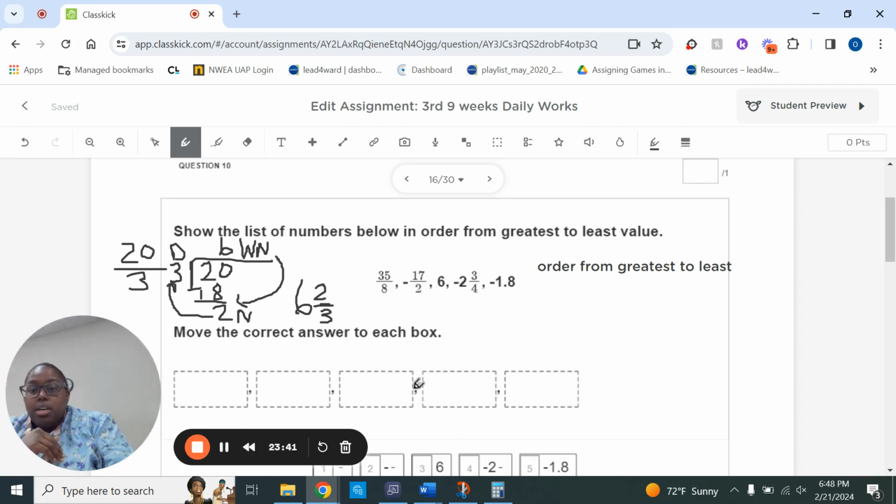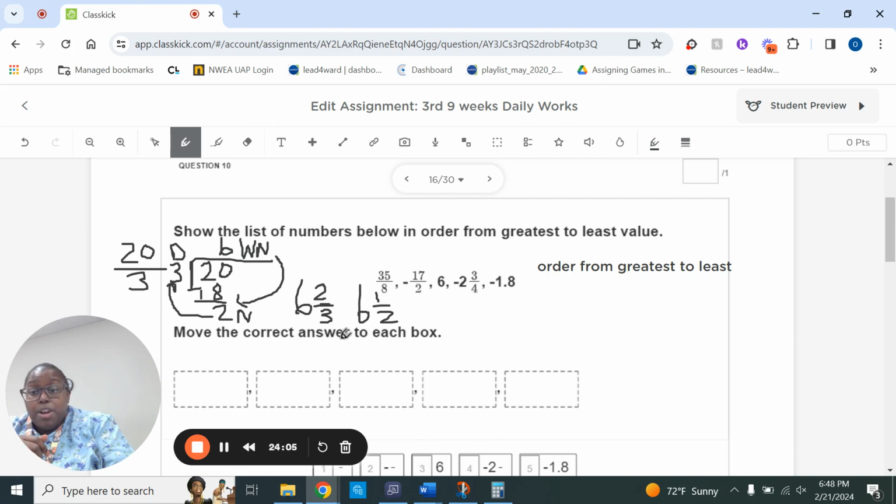Okay? And once you do that, if you need to take it further, then turn the fraction into a decimal. But that's only if you need to take it further. That means if I had 2 6s like this, I would probably turn the fraction into a decimal to compare them further.